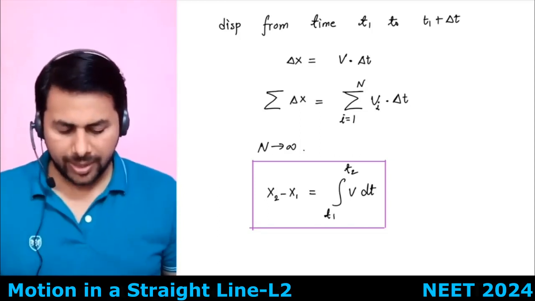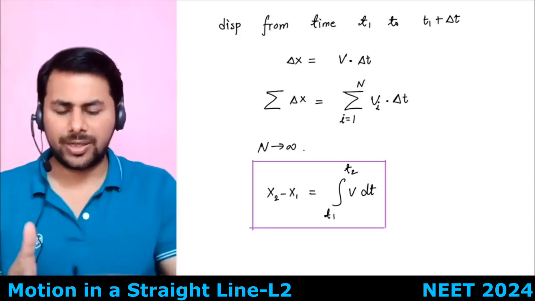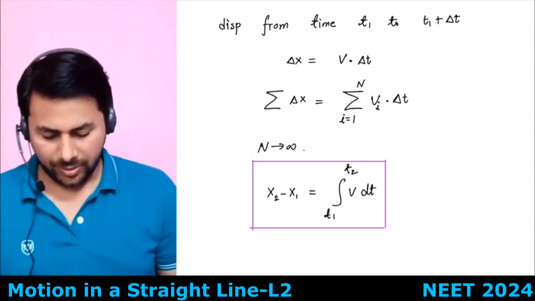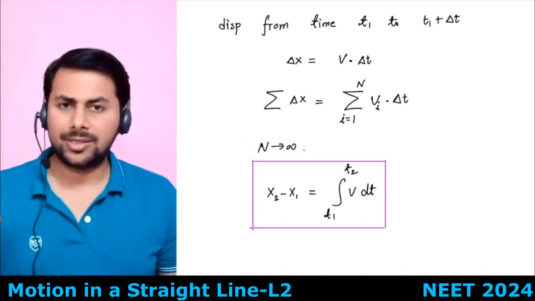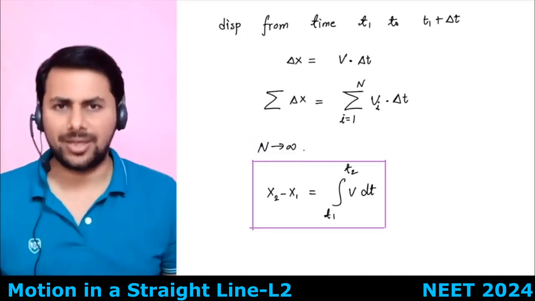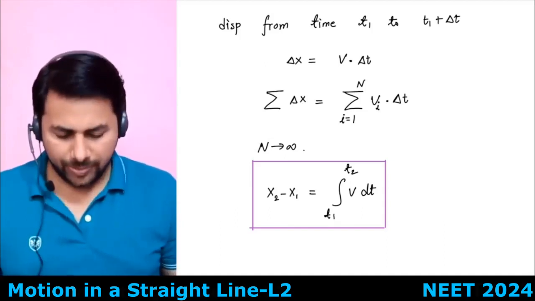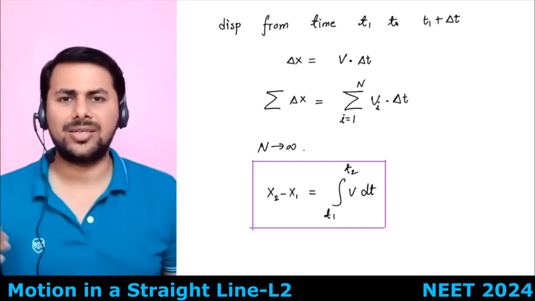But now if you take n to infinity, that means you are breaking down the total area into infinite pieces. So as n tends to infinity, what happens? The error vanishes, and you get the complete area under the velocity versus time curve. This procedure of finding an area is known as an integral.